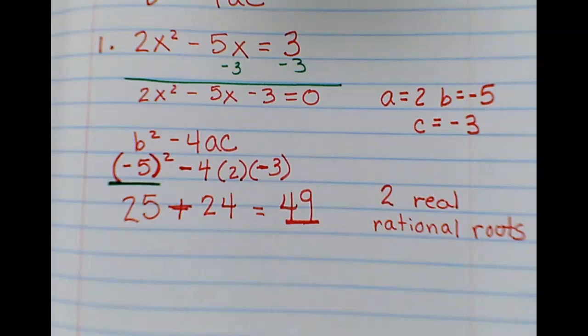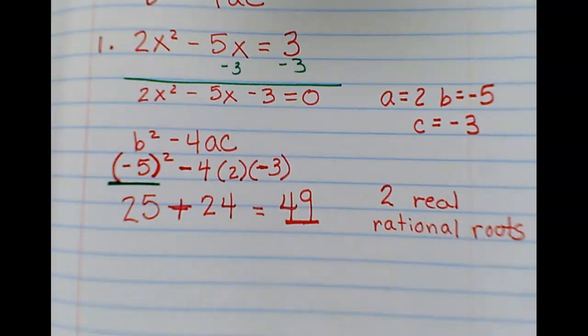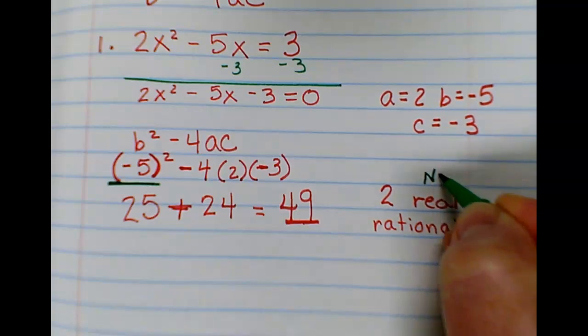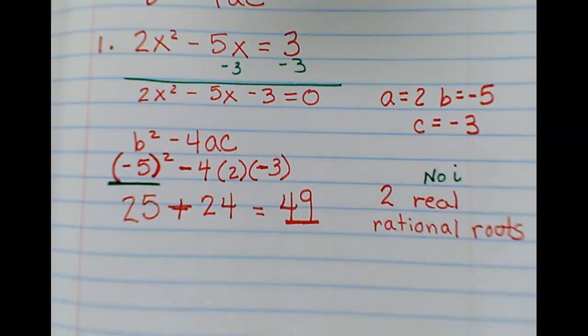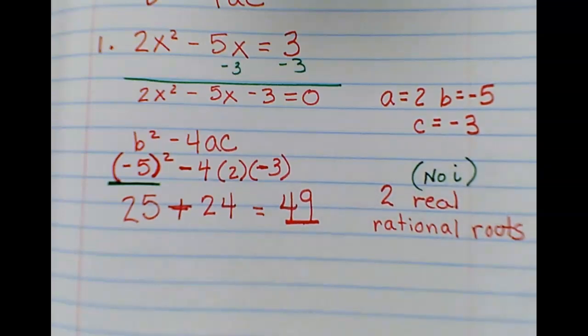Well, what does all that mean? Real means that there's not going to be an i in the answer. The definition of rational is any number that can be put in the form of a over b, where b is not 0.